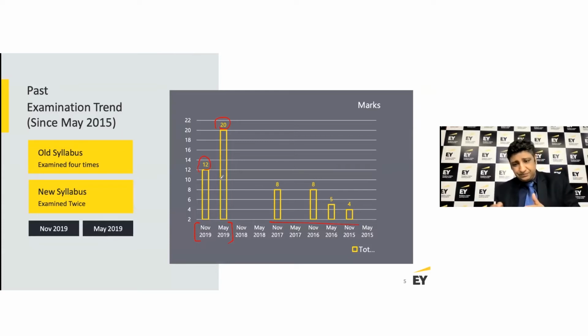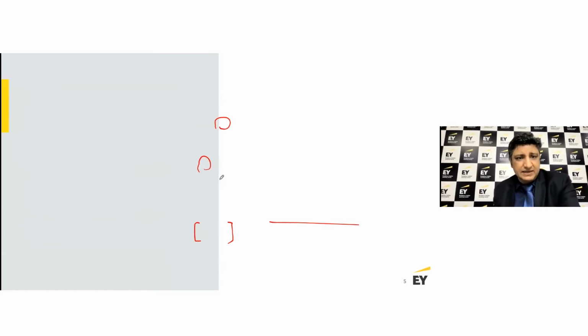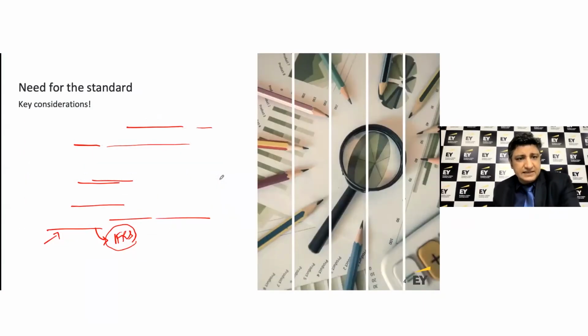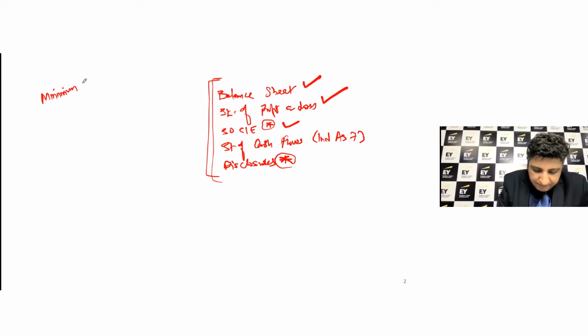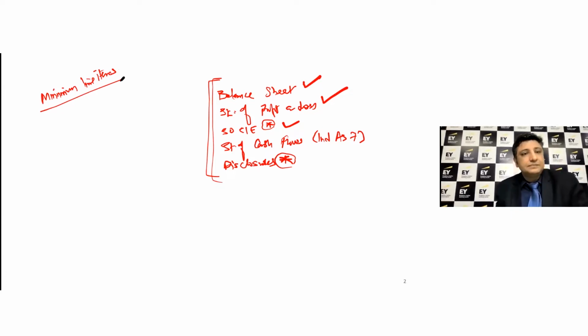So what we will be addressing here, if I really take you back to where we started, is that while there are all these sets of financial statements, we would be talking about the minimum line items that would, let's say, appear on the face of the balance sheet or statement of profit or loss, right?